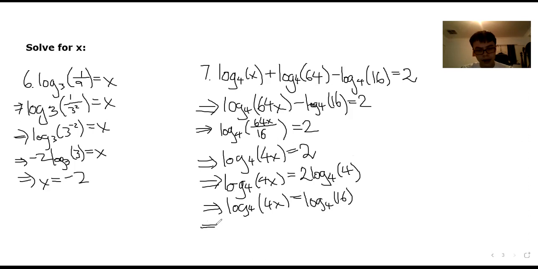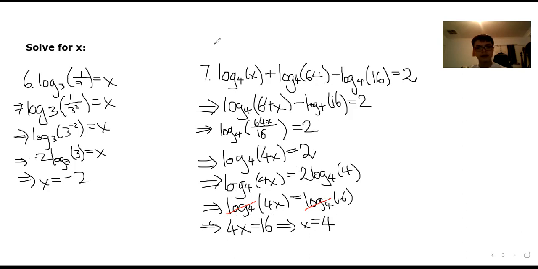And now since we have the log functions with the same bases on both sides, we can cancel out the log parts of it. Doing that, this just leaves us with 4x equals 16, and then therefore we get x equals 4.